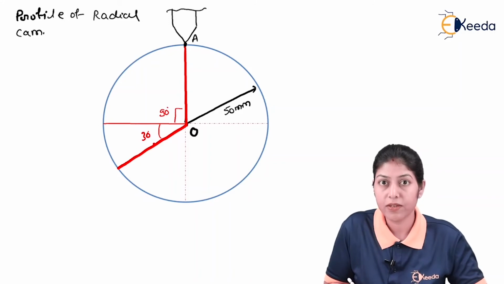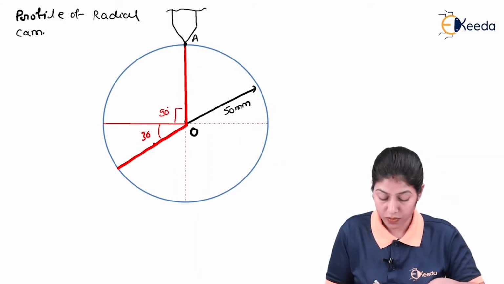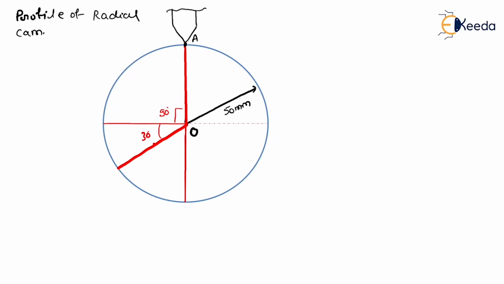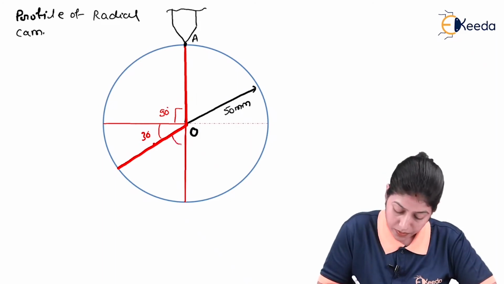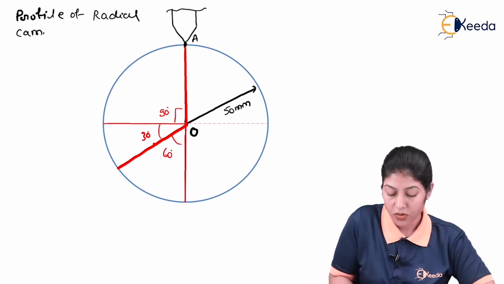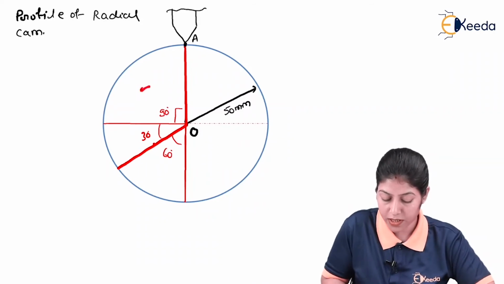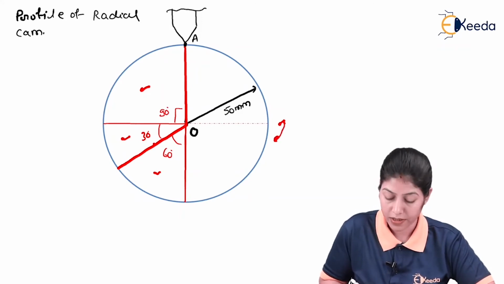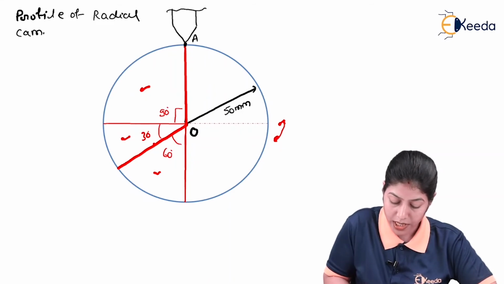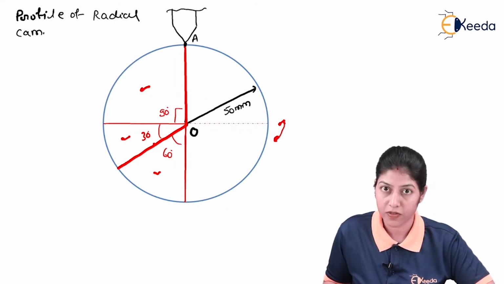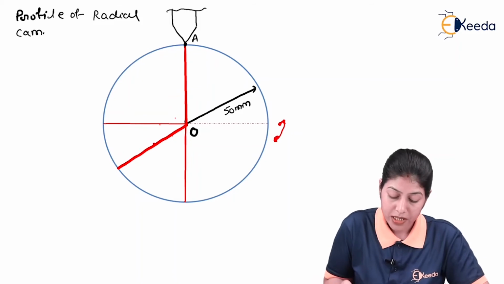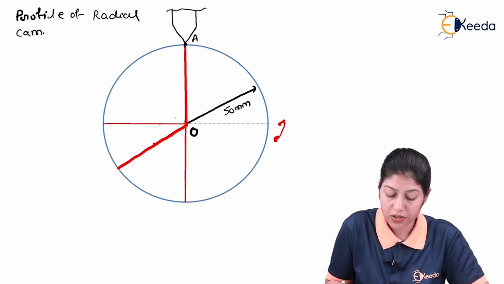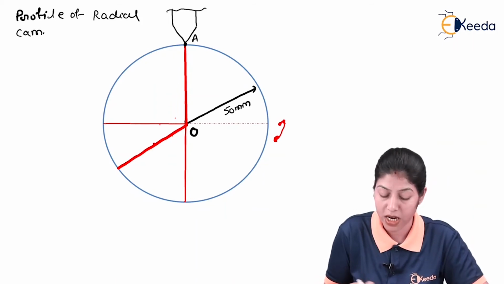After that, 60 degrees will be the next return stroke. So here we have four parts. First is outstroke, then dwell, then return stroke, and the rest of the part, this 180 degrees, will again be dwell. So we will use these two parts, 90 degrees and 60 degrees, to define the profile of the cam. Our next step is to divide this outstroke and return stroke into an equal number of parts. So we have divided the displacement diagram into 6 parts.